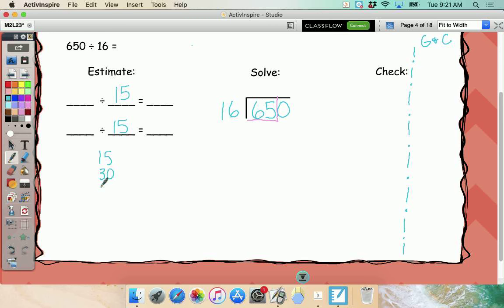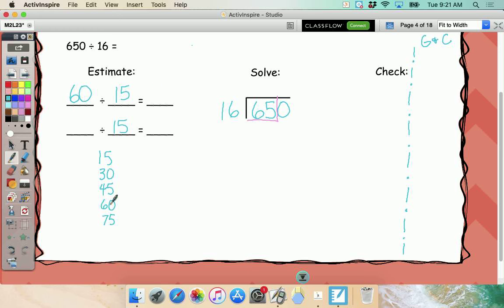How far do I have to skip count? 60 or 75? Something like that. At least close to 65. Okay, so now I ask myself, which number is closest to the 65 that I put a box around? 60.